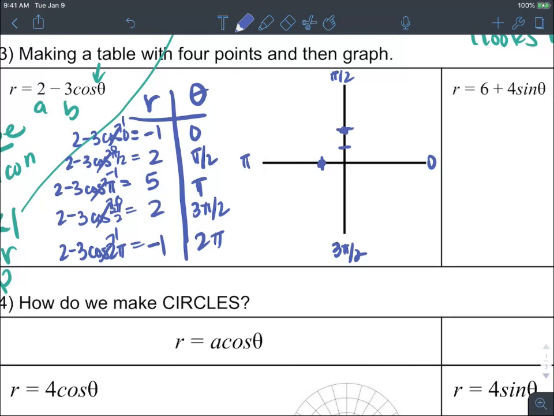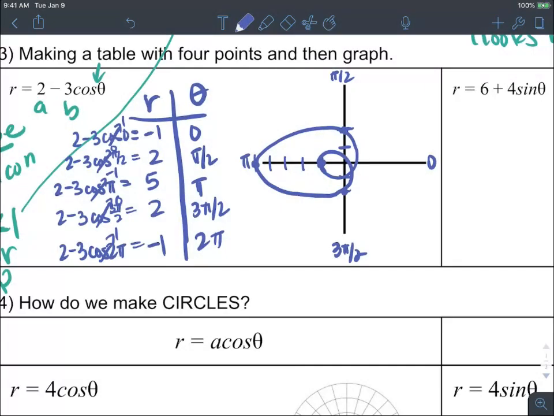At pi, I'm going to go back 5. And at 3 pi over 2, I go down 2. So the inner loop, and then back to 2 pi, and it's back at negative 1. So the inner loop starts right here, and it loops around like that. Okay.